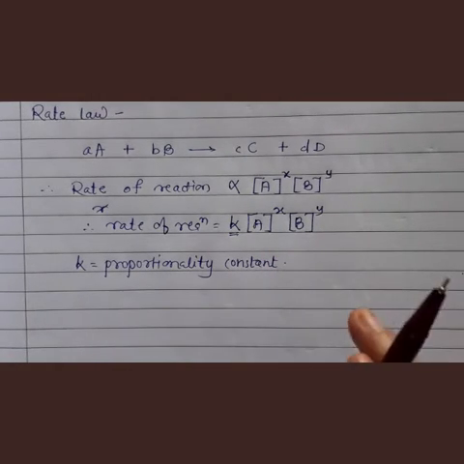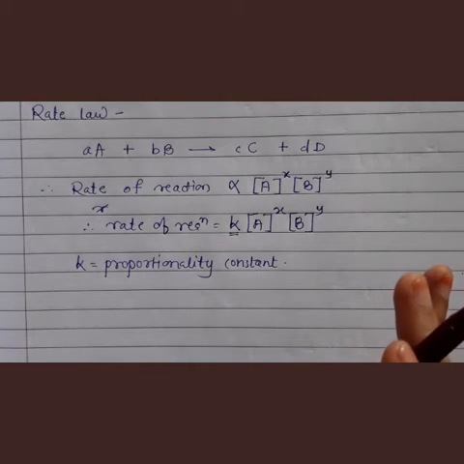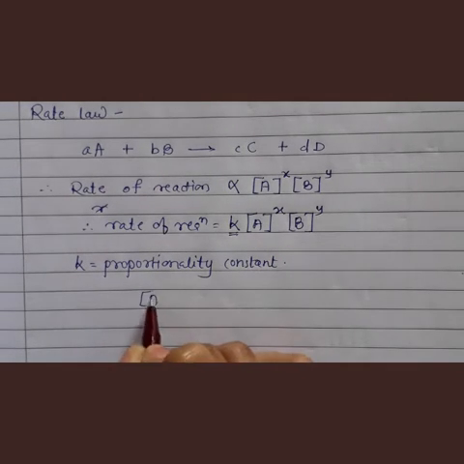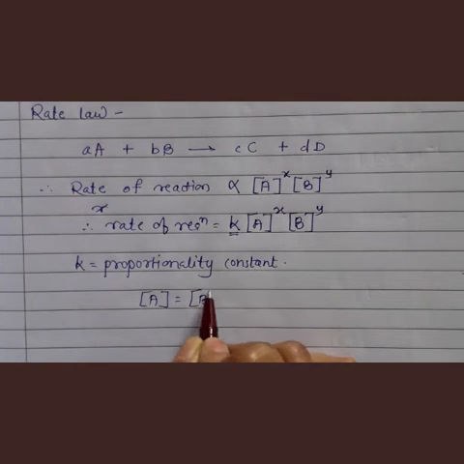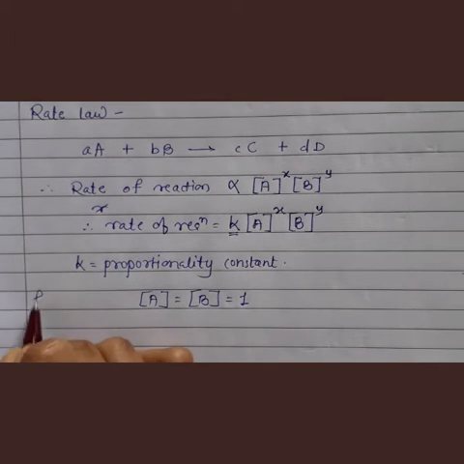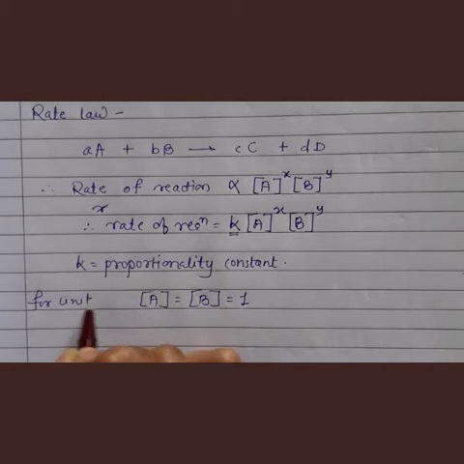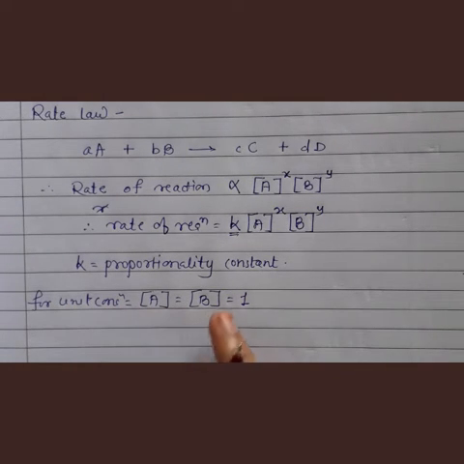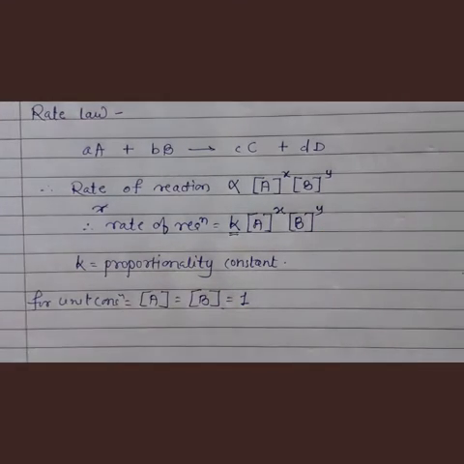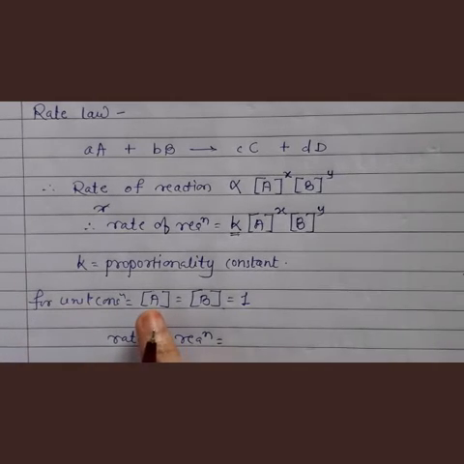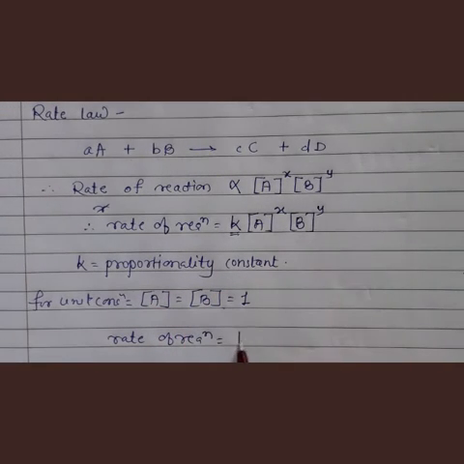Now, what does unit concentration mean? Suppose concentration of A is equal to concentration of B is equal to 1. For unit concentration of A and B, meaning concentration of A is 1 and concentration of B is also 1, in that case what will be the rate law? See, I am writing this again. Rate of reaction, concentration of A is equal to 1, so I will write K, concentration of A is 1, multiplied by 1, concentration of B is also 1.